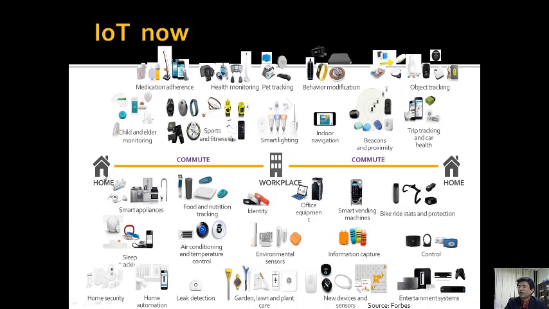So here we can see that as we move from home to workplace or workplace to home, most of the devices we can control using this concept, including your room heating or lighting or washing, etc. That's one of the use cases.